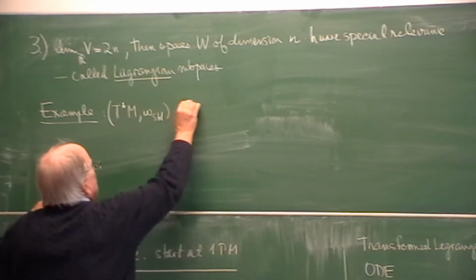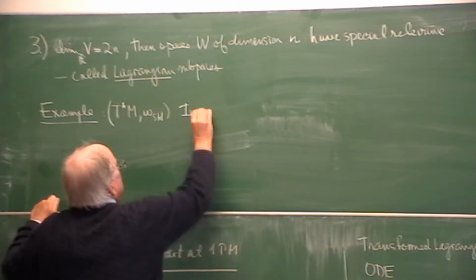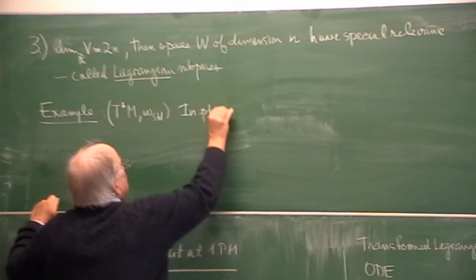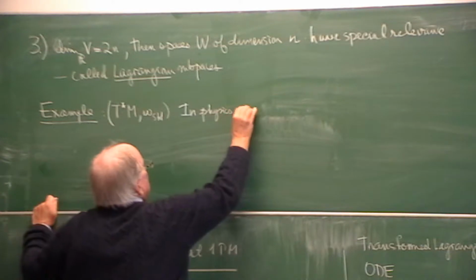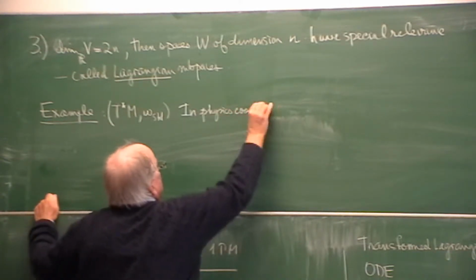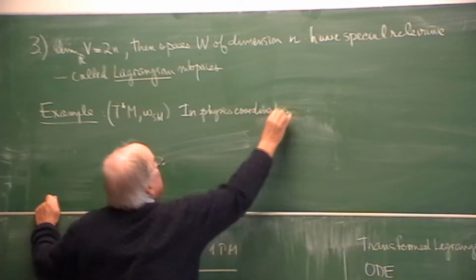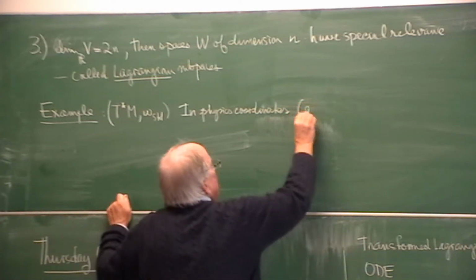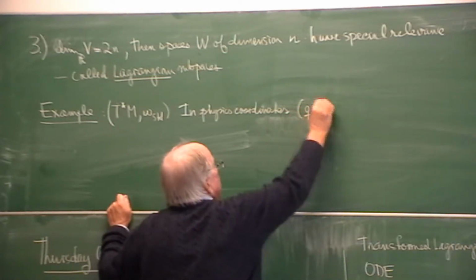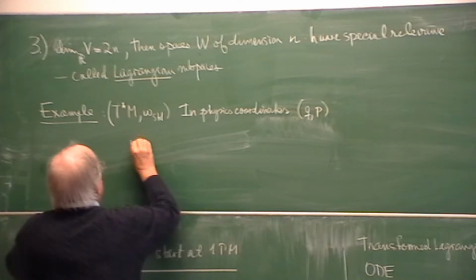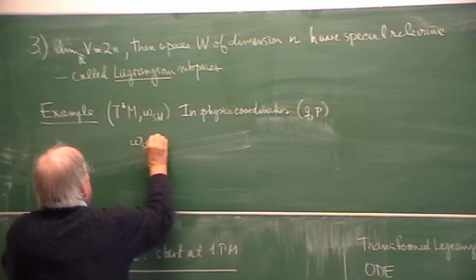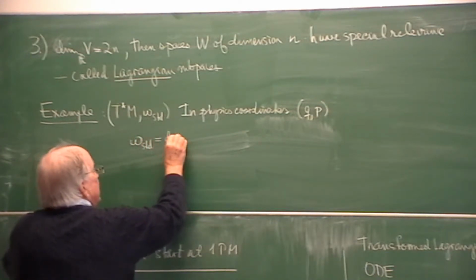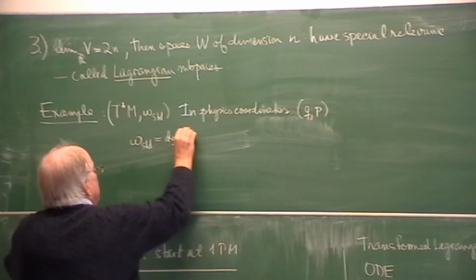In physics coordinates, q is always the same on the base, but then momentum p, and omega standard is dq wedge dp.